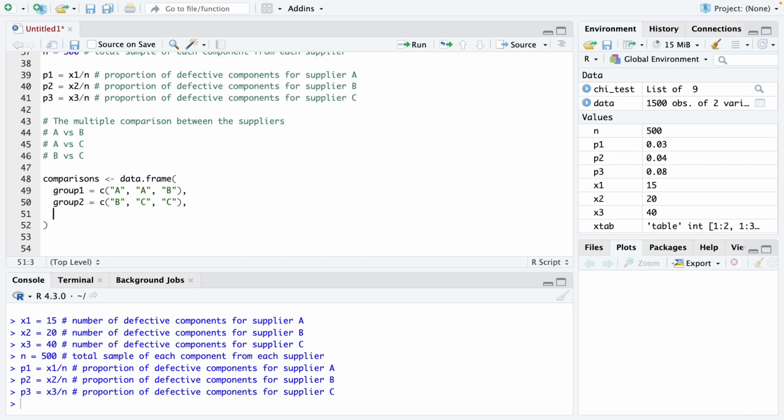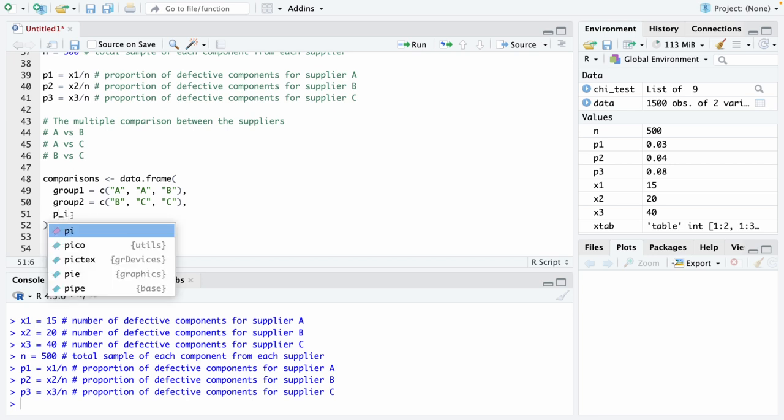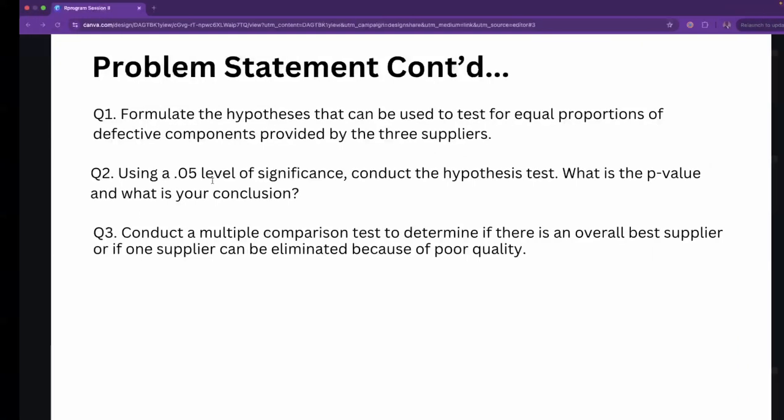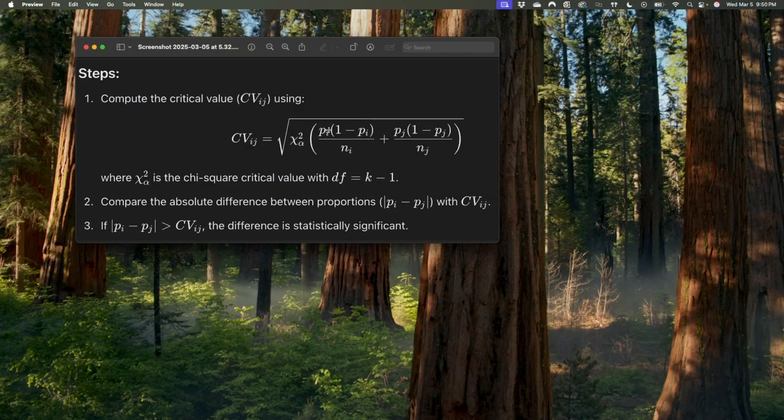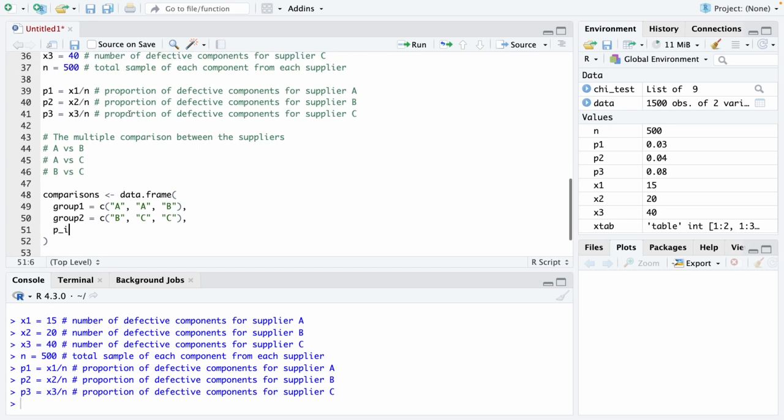Now the next thing we want to do is to list out all of our sample proportions. What was the sample proportion for A, and what is the sample proportion for B? The way it is here, I would have to write A twice and then B once. So that's our P underscore i. What we're trying to do is calculate what pi will be, and we've already done that in lines 39, 40, and 41.